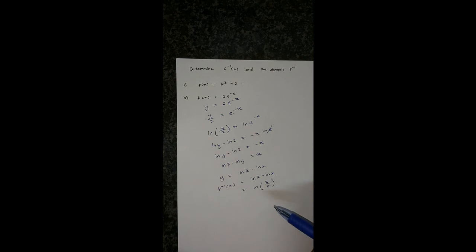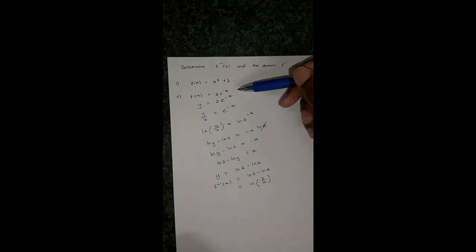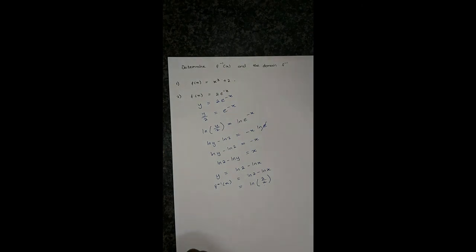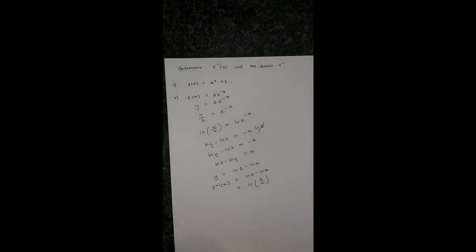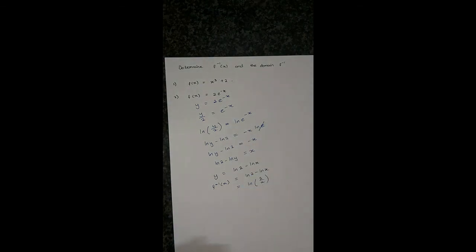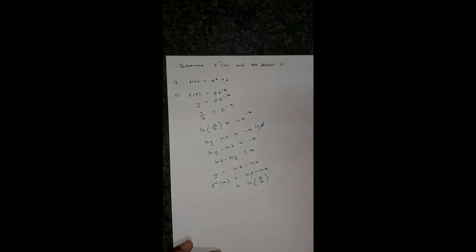Okay, so we also need to find the domain of f inverse of x, and we can do that by looking at the range of our initial function, which is all positive values. So it's 0 to infinity, but 0 not included, because it's an exponent, and an exponent is always positive.